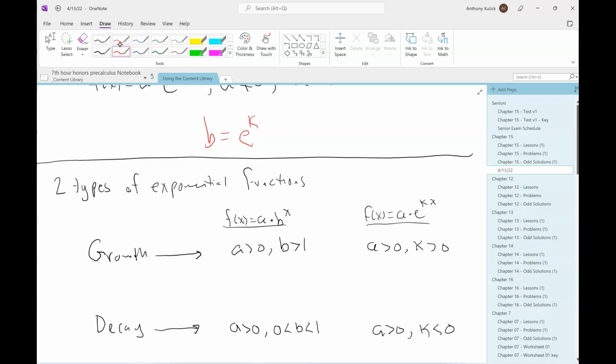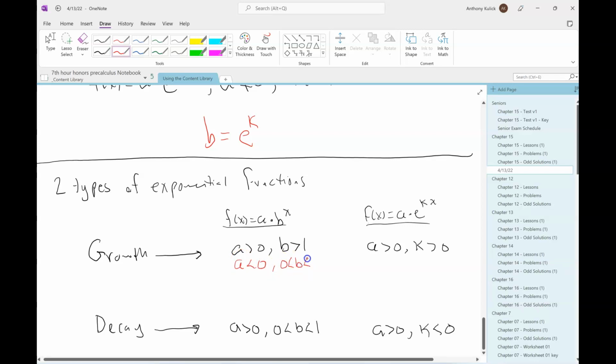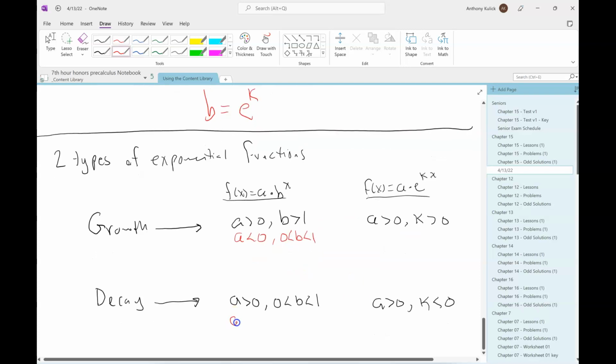And then what would happen if A was less than 0? Just the criteria switch, right?